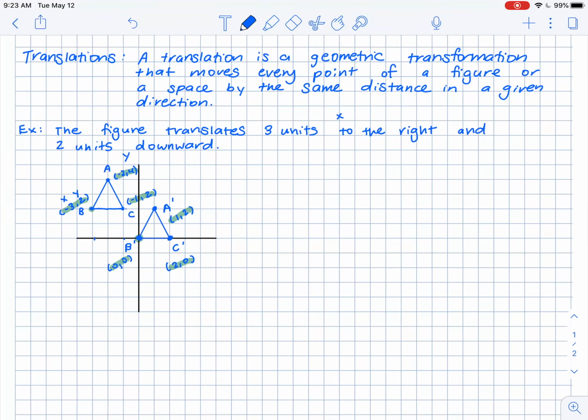And 2 units down affects our y. Okay, so 3 units to the right. That means we're going to add. On the number line, if you're going to the right, you're adding. So negative 3 plus 3 gives us 0. Okay. And our y value is 2 units down. Down, in this situation, is going to be minus. So if I subtract 2 from 2, I also get 0.